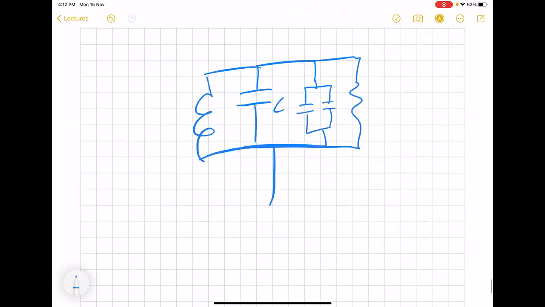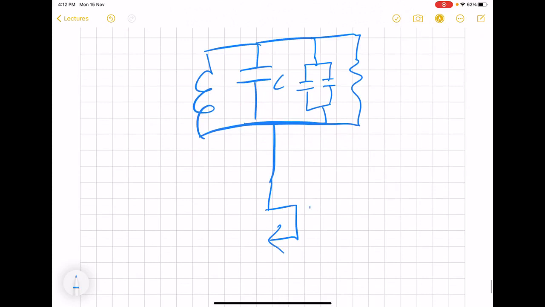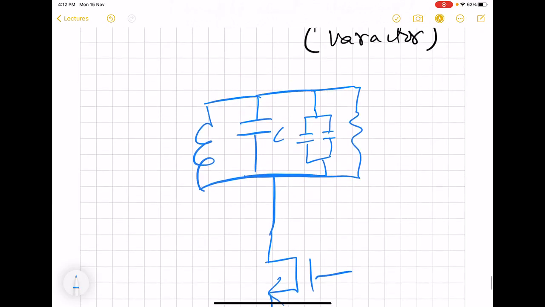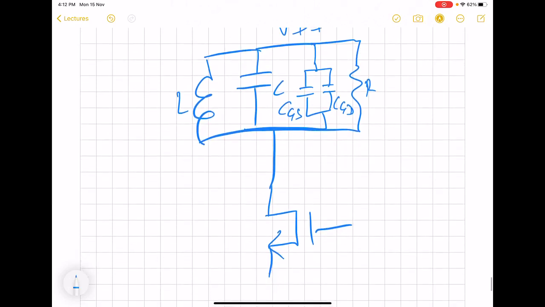So this will now be the scenario of one half of the cross coupled oscillator. The equivalent scenario is going to be like this.